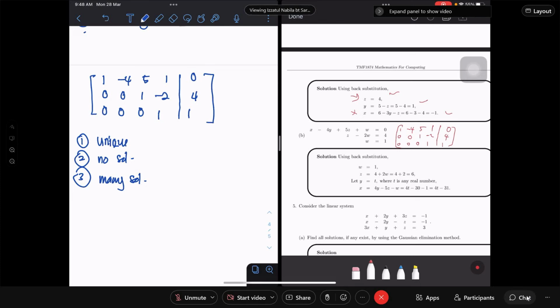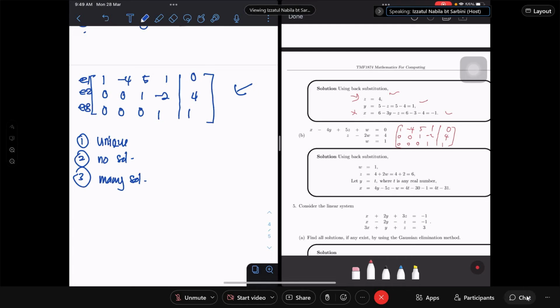So when you look at the last matrix after you reduce, you can already know what type of solution you're going to have. So how do you know that? You look at the last matrix. How many equations do I have? Remember, this is equation 1, equation 2, equation 3.